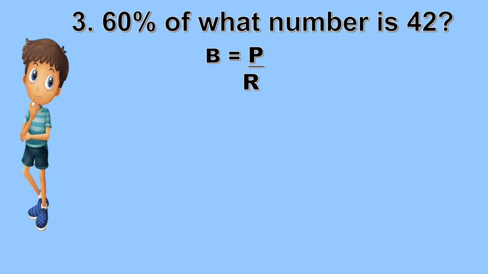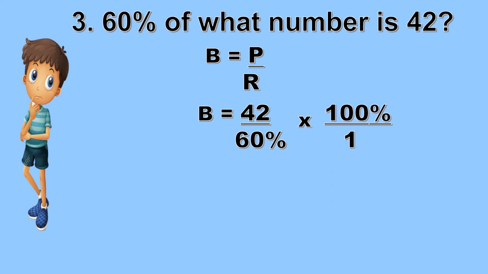Now, we have base equals 42 divided by 60%. In order to cancel percent, we will multiply it by 100% divided by 1. Cancel percent. Then, apply the rules of multiplication of fractions.